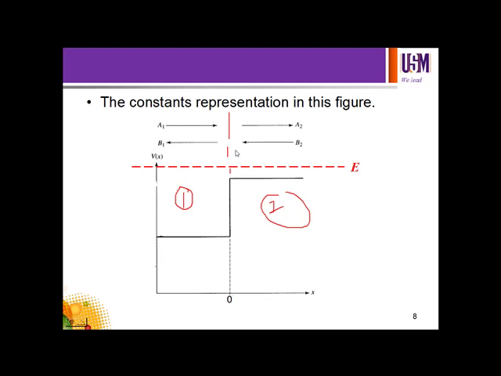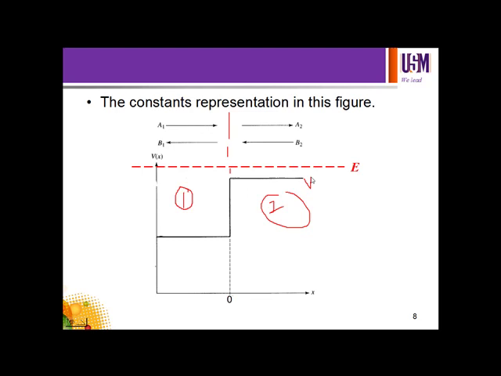Remember that A1 is a wave moving to the right and B1 is for a wave moving to the left. The same thing in region 2: A2 is for a wave moving to the right, and B2 is a wave moving to the left. So this is the representation of the constants.